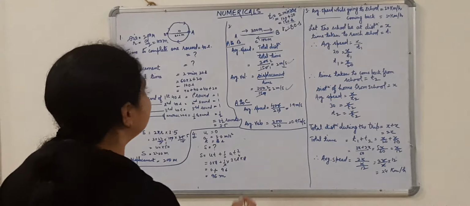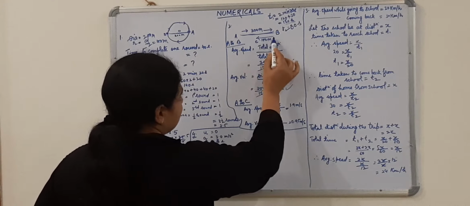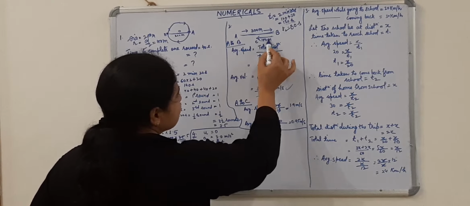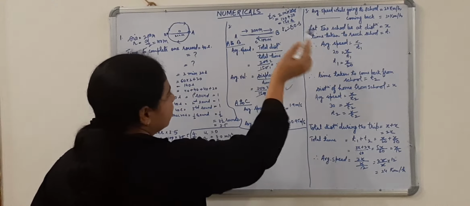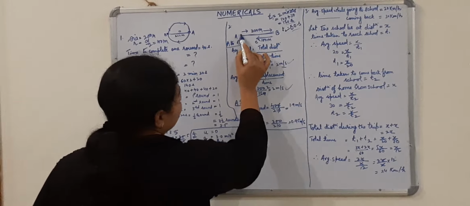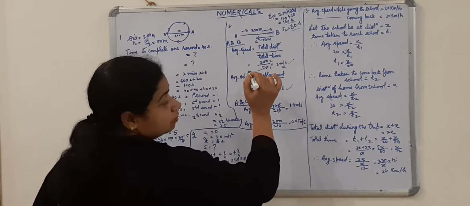And now let's see when it moves from there, then it thinks to come back and it reaches point C, that is 100 meters more, and time taken is 60 seconds. Now from A to C, how has the person come from A to C?